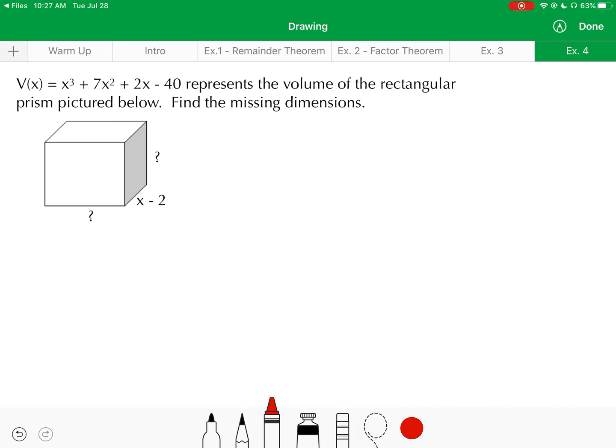So volume for any rectangular prism can be found with length times width times height, right? So let's just assign the three dimensions here to length, width, and height. So I'll call this side length, width, height. And basically, based on the picture, I know the width, I don't know the length and the height, right?